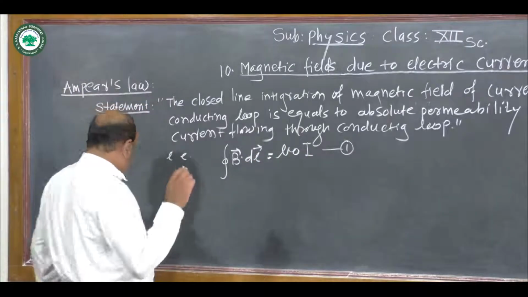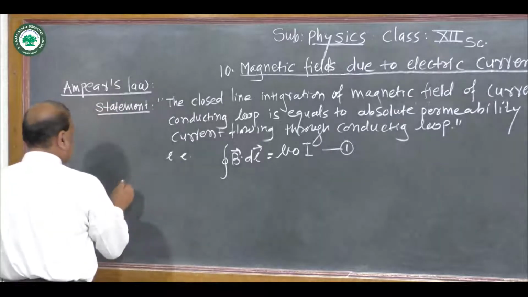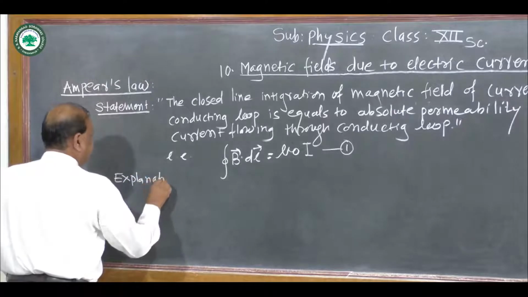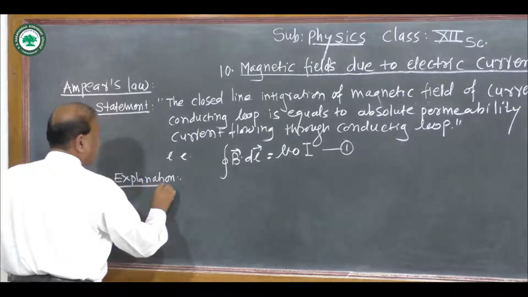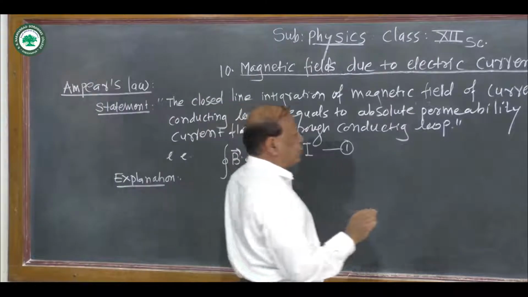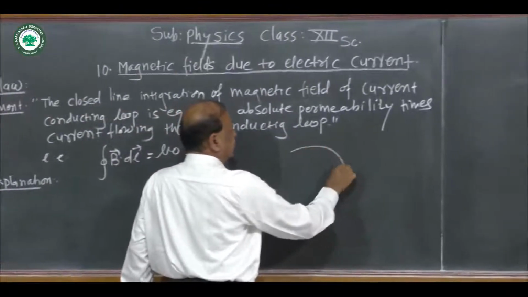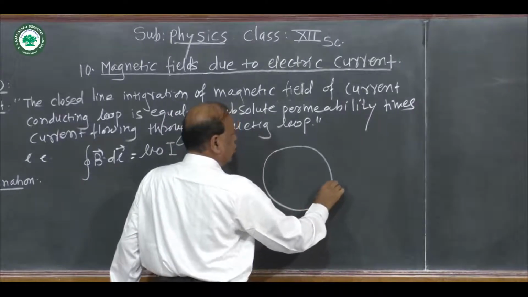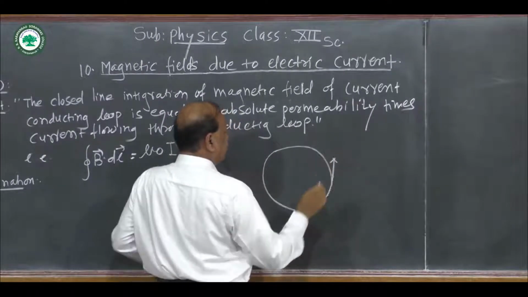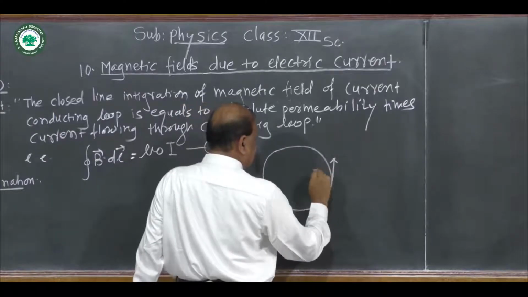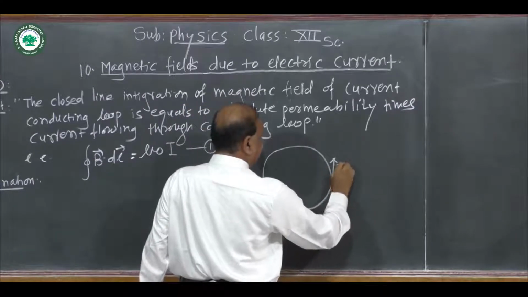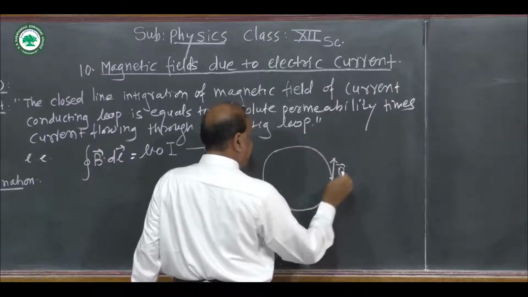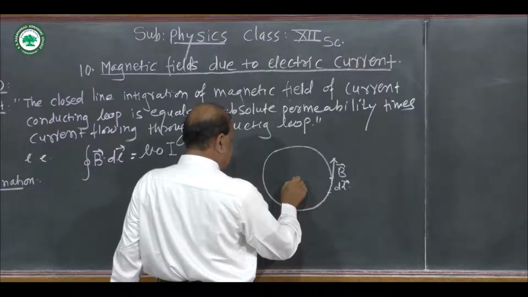Now we have to explain this Ampere's Circuital Law. Now see the explanation. Here for simplicity, we consider this current carrying closed loop. Here is the magnetic field B and this element is dl.